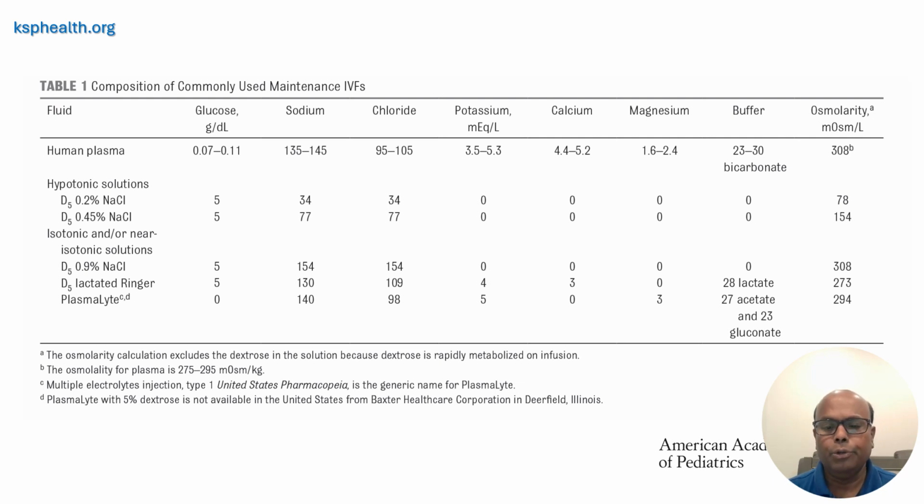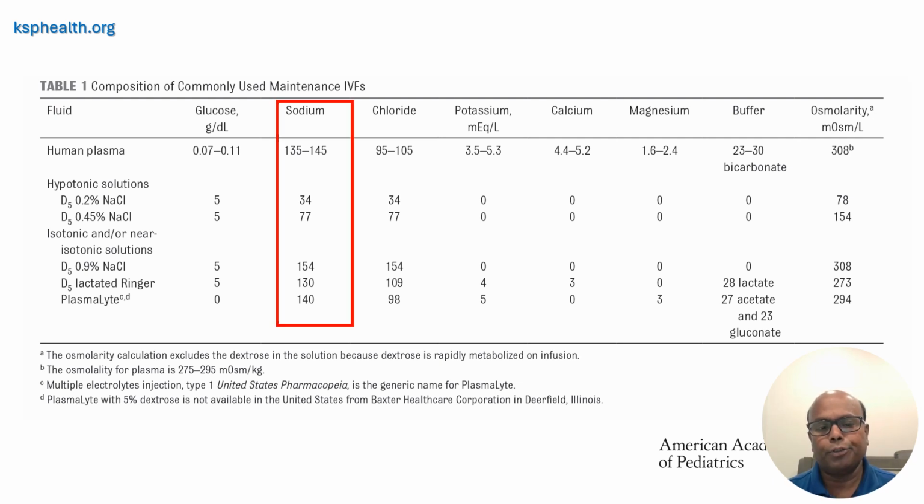What are the commonly used fluids in children? Normal human plasma has a sodium of 135 to 145 and an osmolarity of 308. Hypotonic fluid is still being used. 1/5 normal saline has a sodium of 34.